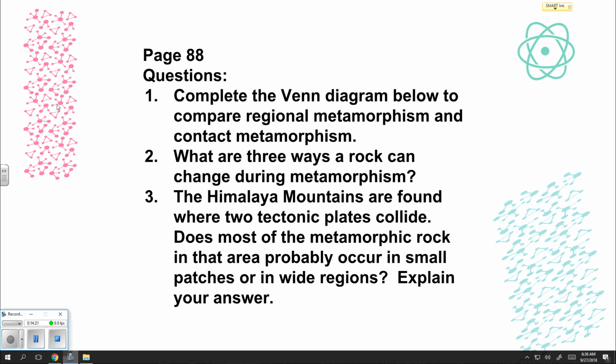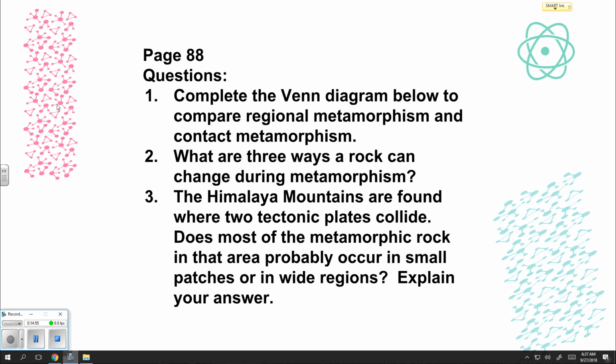In the section labeled Regional Metamorphism, put large areas where tectonic plates collide to heat the rock. Contact metamorphism. Contact with magma heats up the rock in smaller areas.